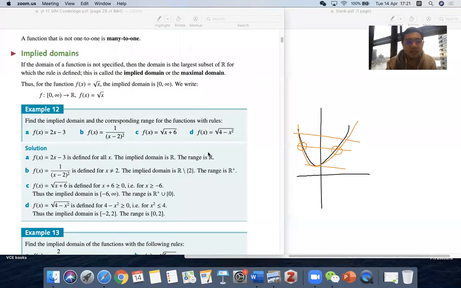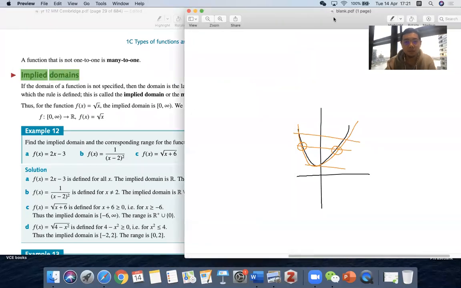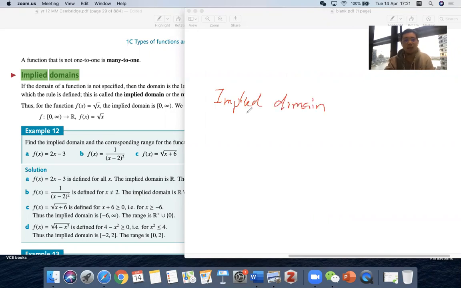Another really important thing I highlight for you guys is the implied domain, okay? It's another mathematical terminology, called the implied domain. In plain language, it's just called the maximum domain.